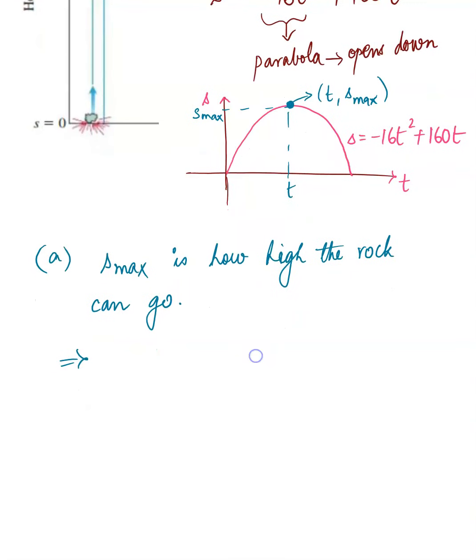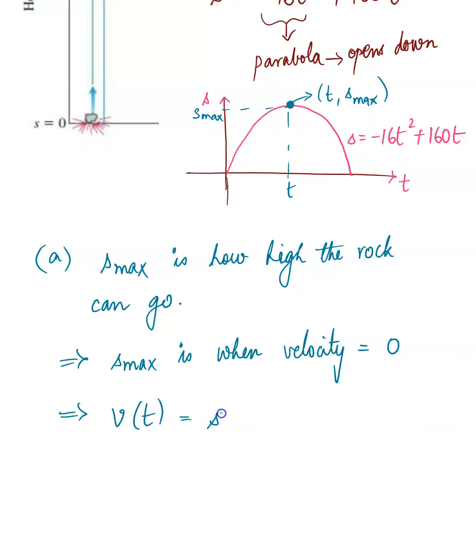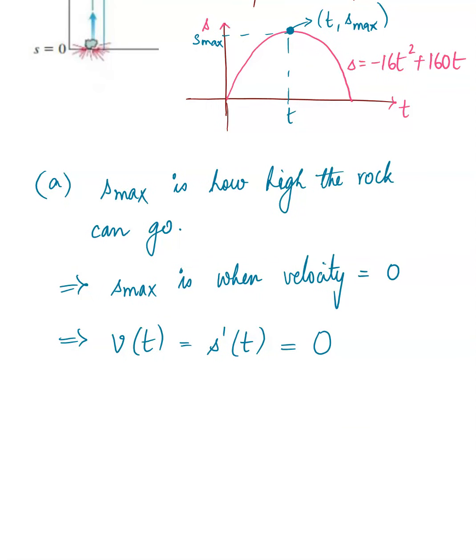So S max is when velocity is 0. And we know velocity, v of t, which is a function of time, is nothing but the first derivative of s. So the first derivative of s must be 0. That's what we're saying. S max happens when the velocity is 0.